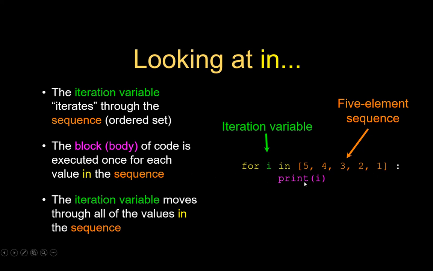The block body here is basically whatever commands we want to be executed inside this loop. In this case, it's going to be print I. Basically that's it. We just move this iteration variable through this sequence, and for each element we're going to print this I as the output of this block.